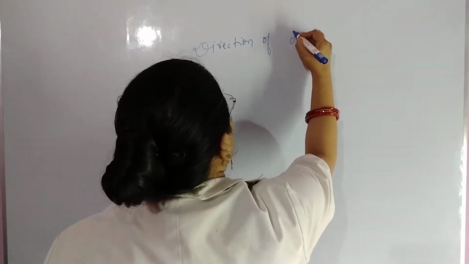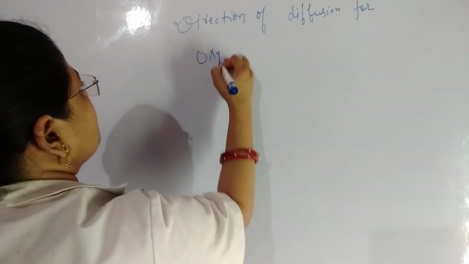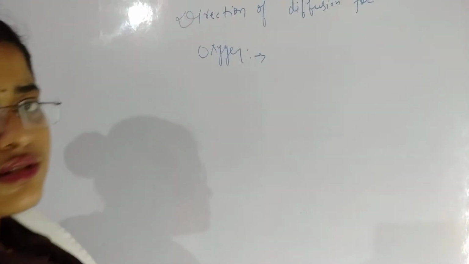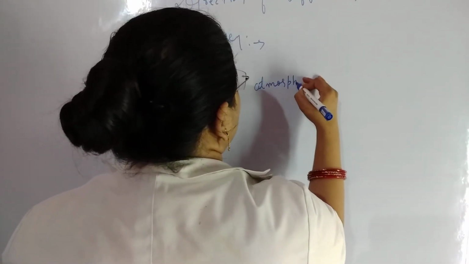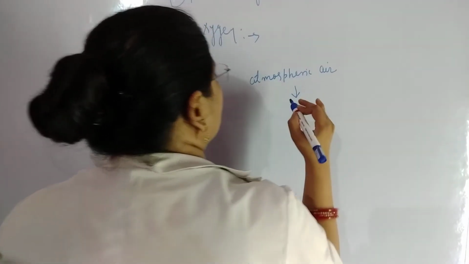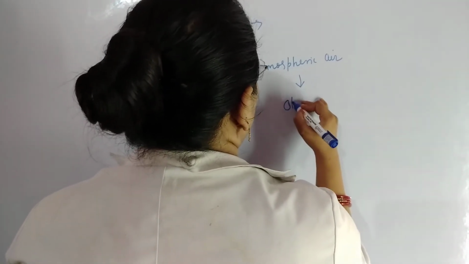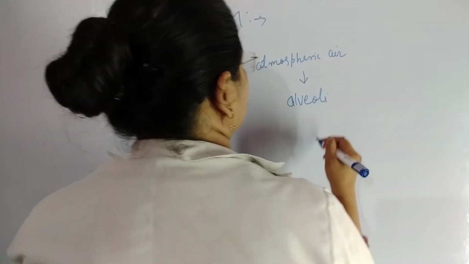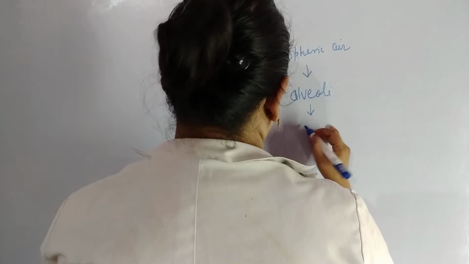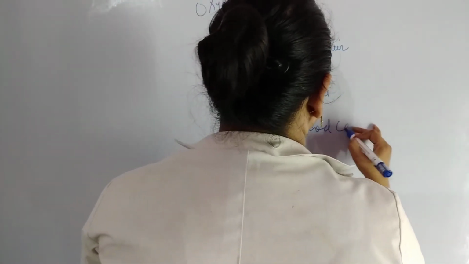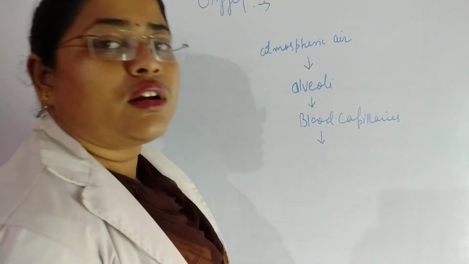Direction of diffusion for oxygen is firstly atmospheric air, then it goes into alveoli, then blood capillaries, and then tissues or cells.